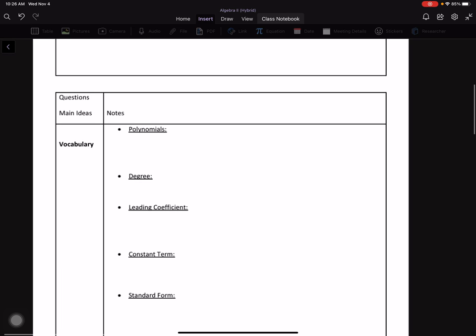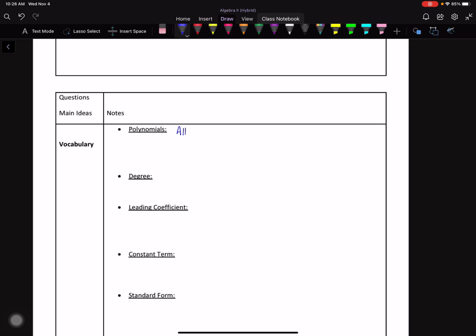So starting down here with polynomials. So that is just all terms where exponents are whole numbers and coefficients are real numbers.